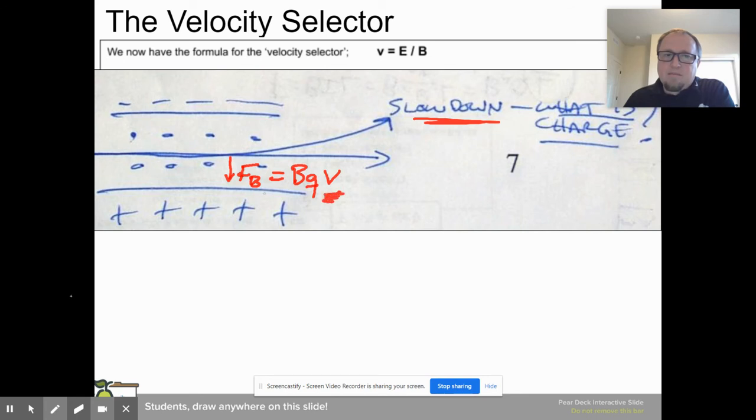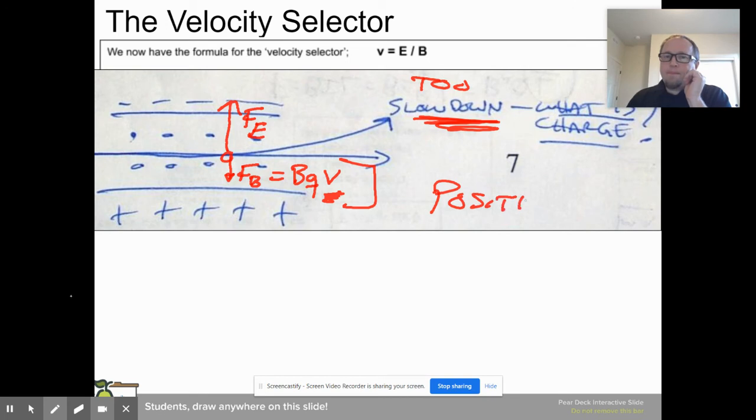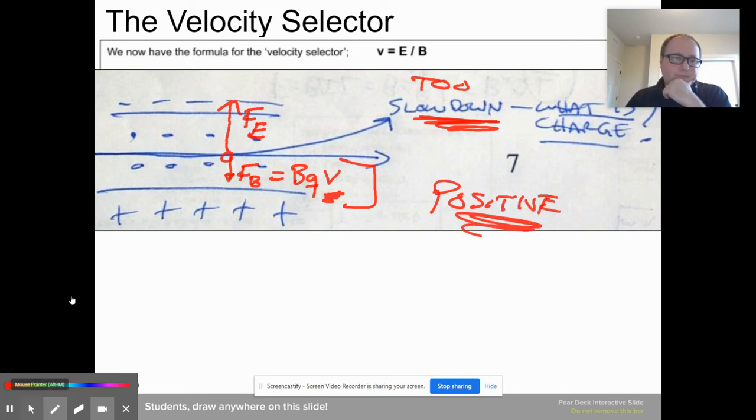Because if V gets smaller, this arrow gets smaller, but my electric force will be bigger. It's not bigger because it's going faster, but it's that this one is smaller because it was too slow. Well, what type of charge would feel an upwards electric field? That would be a positive.